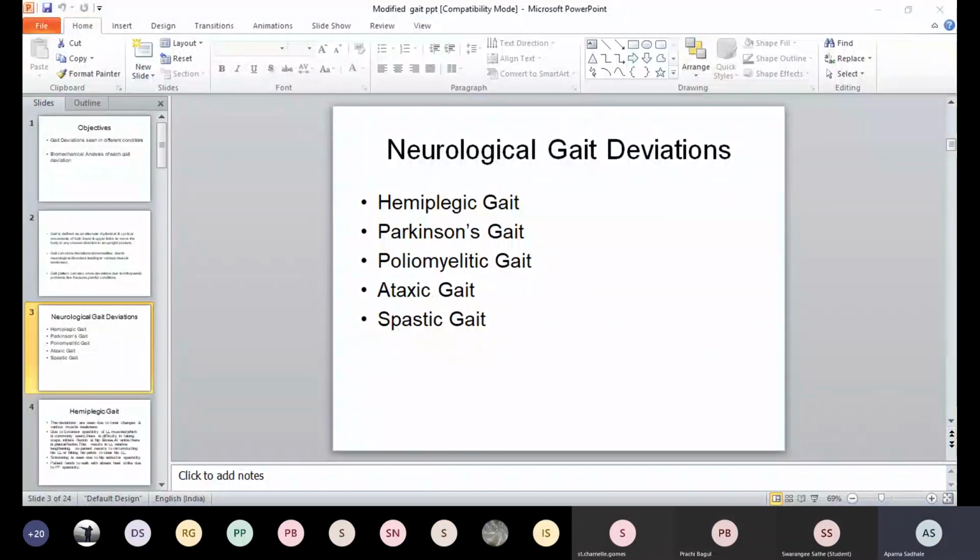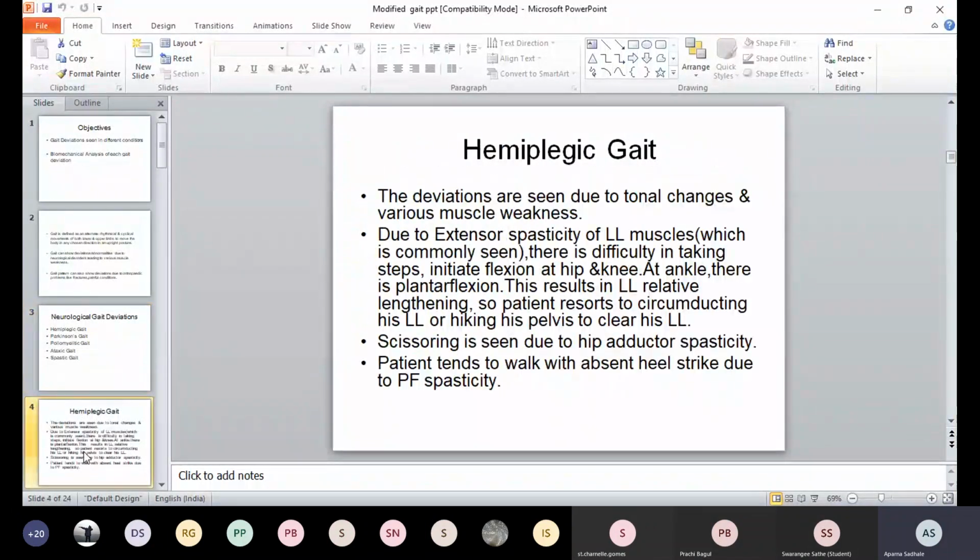Okay, so let's start with hemiplegic gait. So what are the problems of hemiplegia? There is spasticity. We've done voluntary control assessment and muscle strength assessment last year, right?